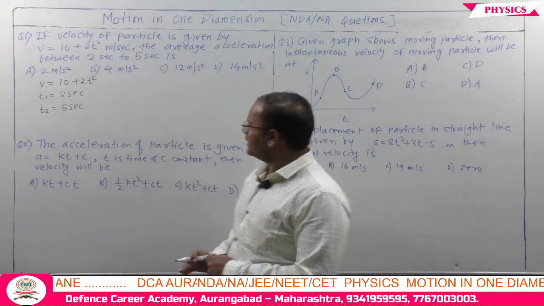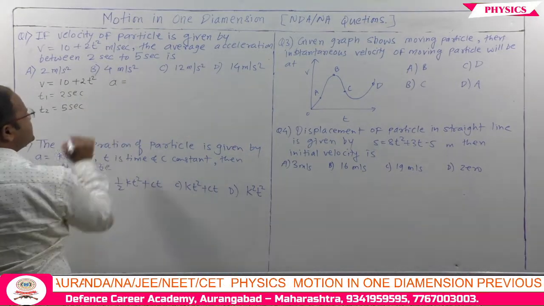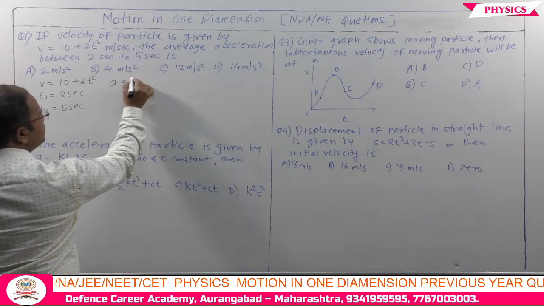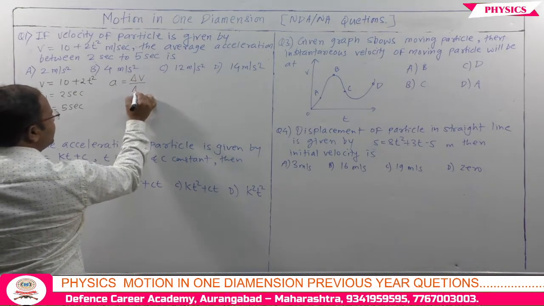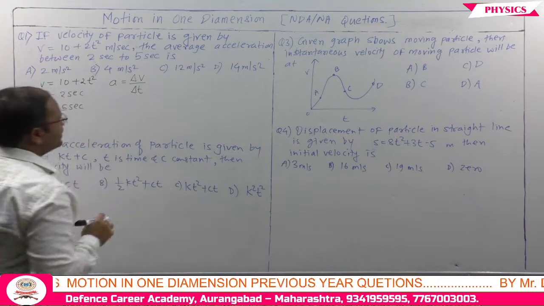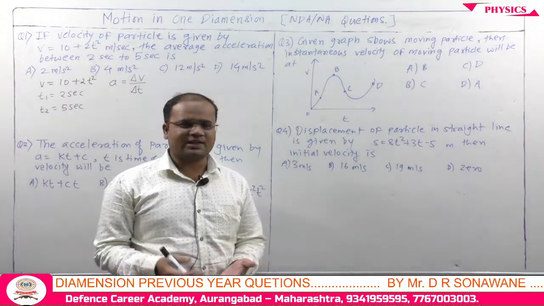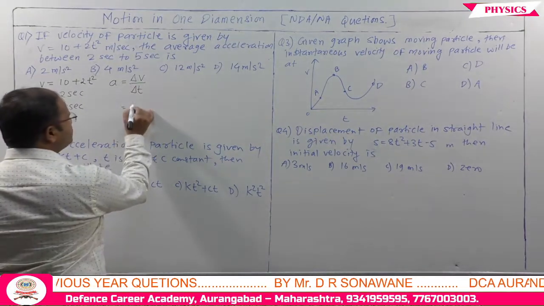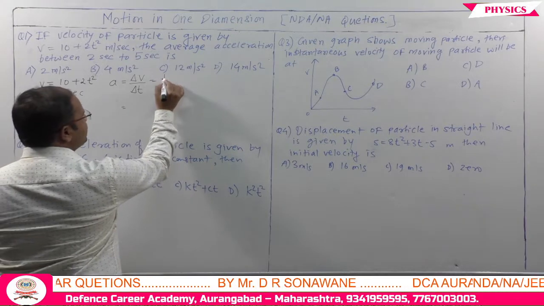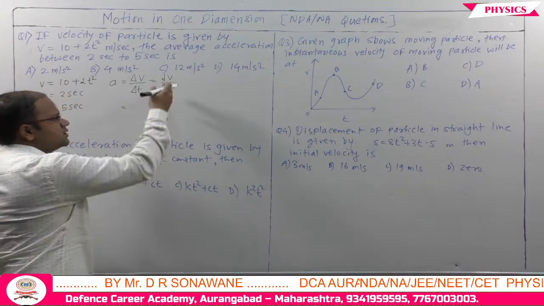As we know that the average acceleration or instantaneous acceleration is nothing but the rate of change of velocity, that is del v by del t, or we can say dv by dt. This is also a form of writing average acceleration. So if we put the value of velocity here, we can also write it as dv by dt, small change in velocity to the small change in time.